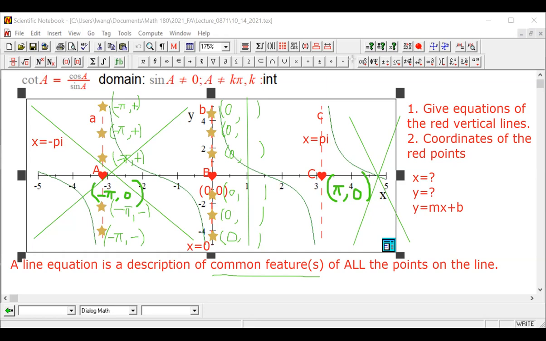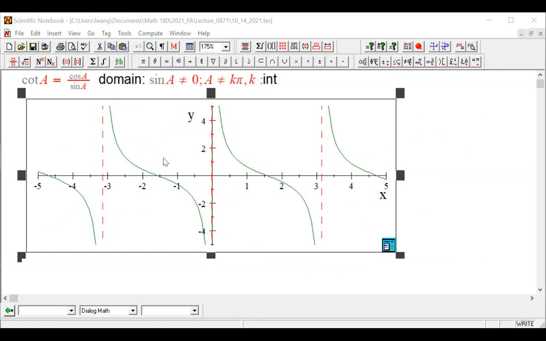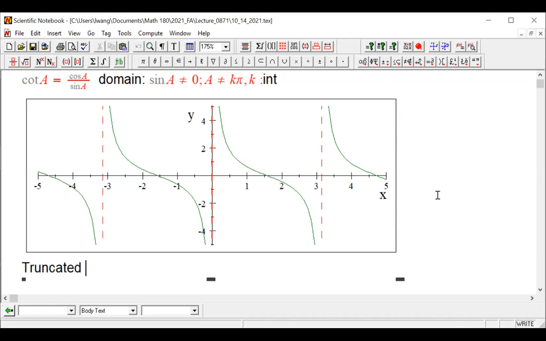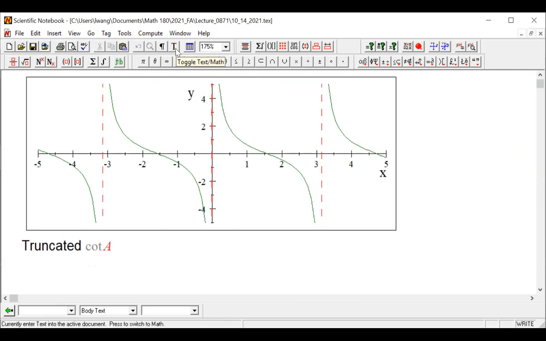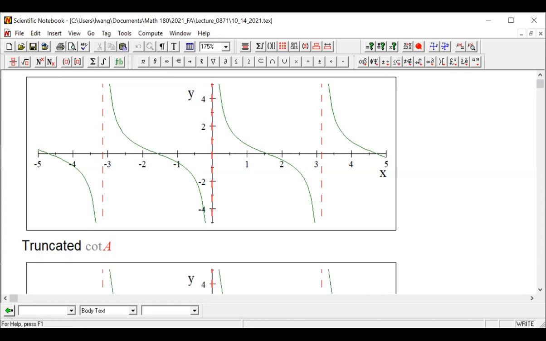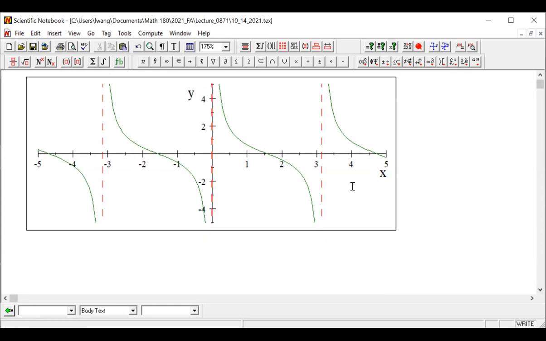Did you guys write it down, the whole thing? Now that the truncation takes place, we have the truncated cotangent. What do we have? Of course, it's going to be different. What would that be?